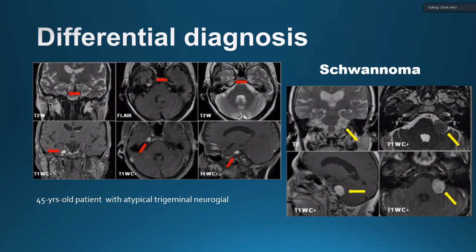We can fuse the TOF and the CISS on one sequence, so it's easier to detect the conflict between the nerve and the vascular structure. Okay, have you ever done that before, Nga? Do the fusion between the TOF and the CISS?